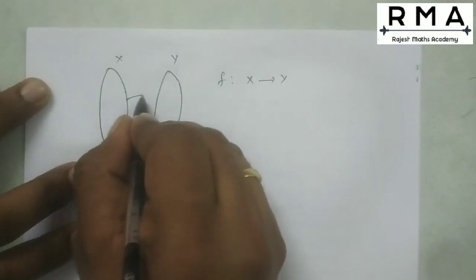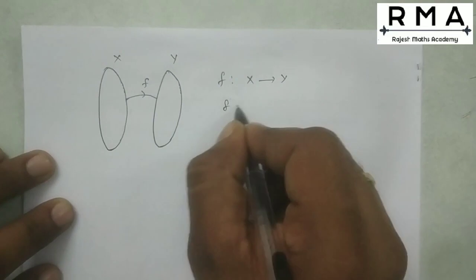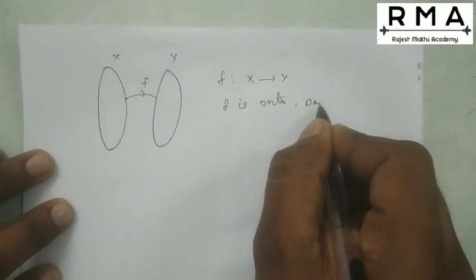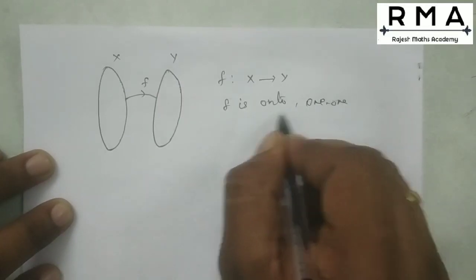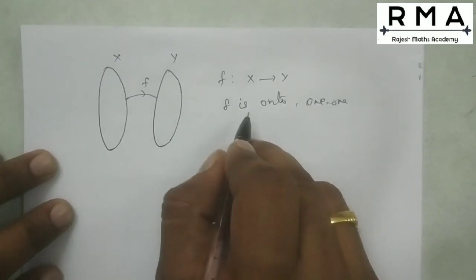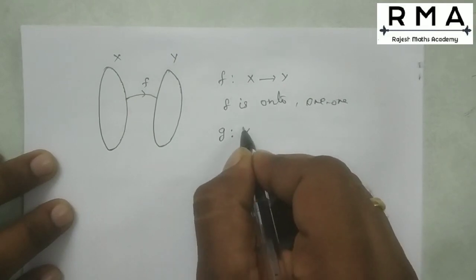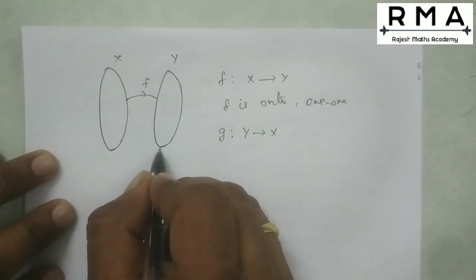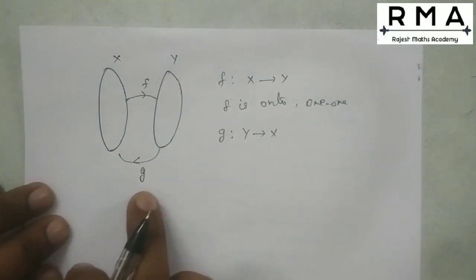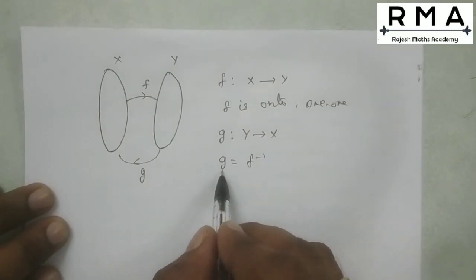If the function is one-one and onto, that is, the function is bijective, then I can define another function g from Y to X, from codomain to domain. That function is called the inverse of the original function. So g equals f inverse.